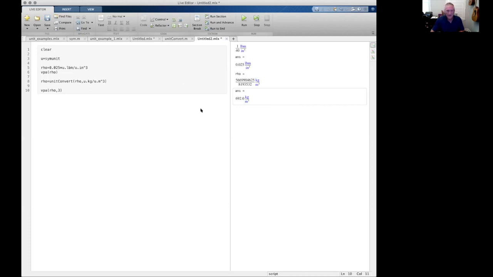Hopefully that makes sense. Okay, the next thing I want to show you is, sometimes this looks intimidating, but instead of doing this in 2 steps, I could have just said VPA and then unitConvert and then rho and then the conversion.